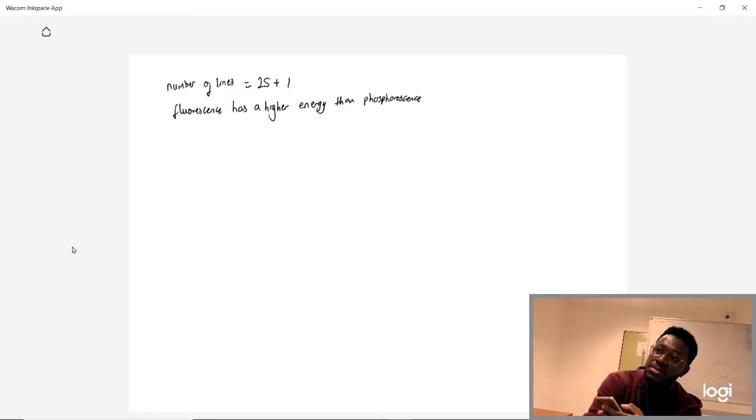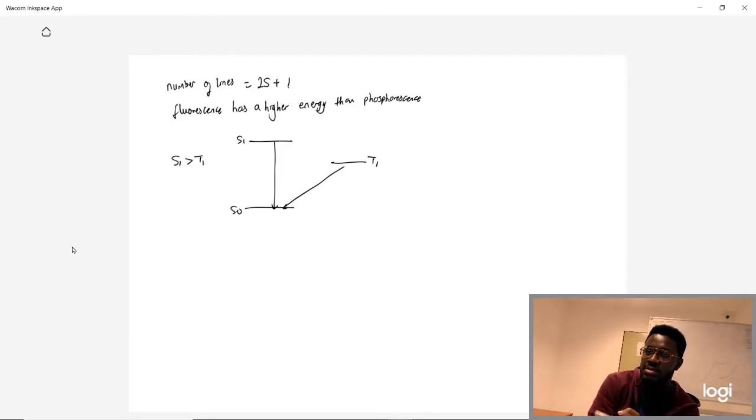Yeah, because the S1 is higher than the T1, right? So this is fluorescence, this is phosphorescence. S1 has a higher energy level than the T1. That's it, there's nothing else.